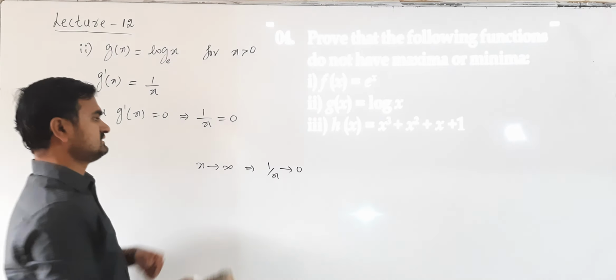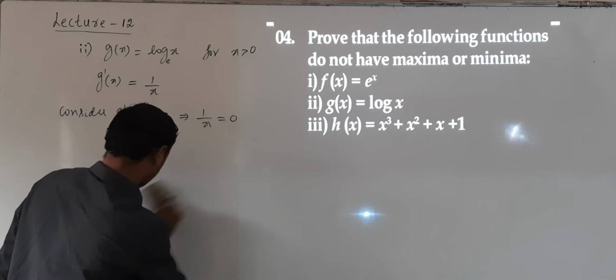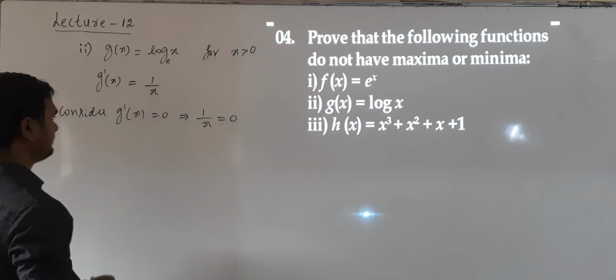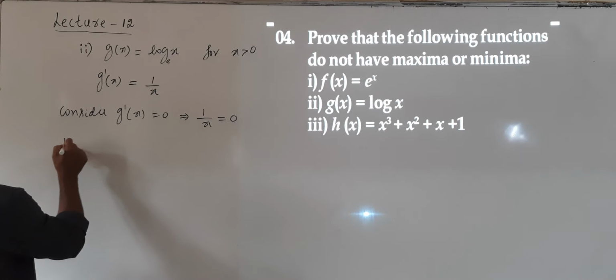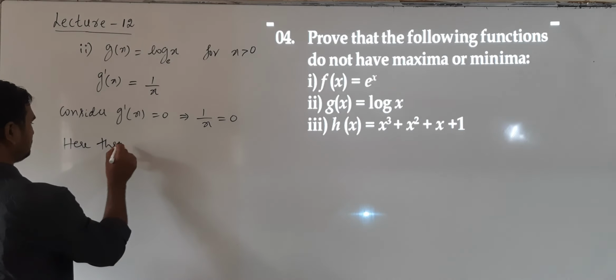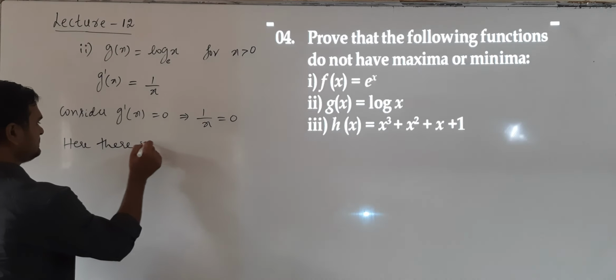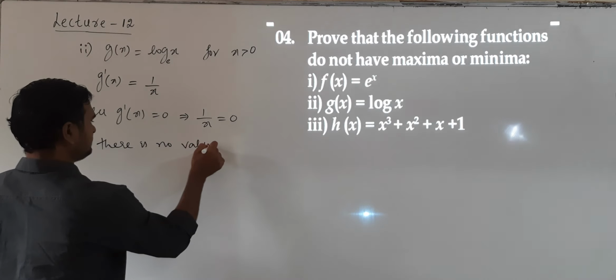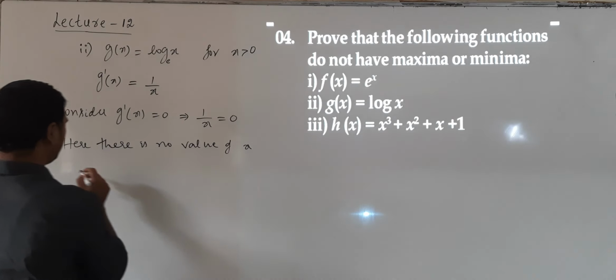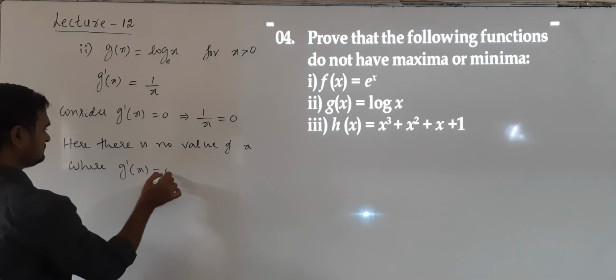But we need exactly 0. So exactly 0 we don't get. So there is no value of x where g dash of x is equal to 0.